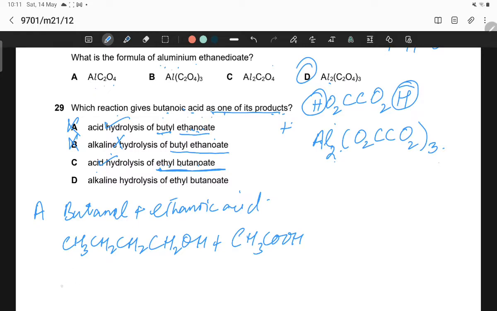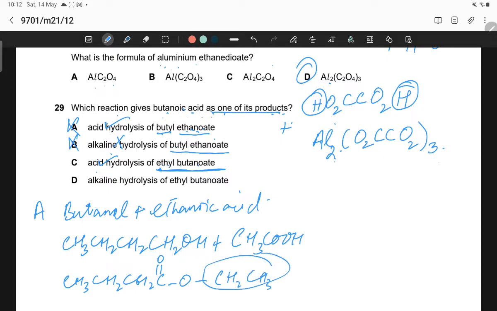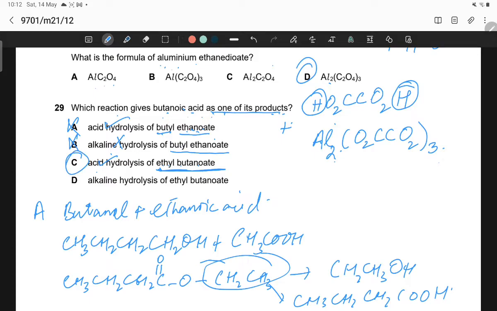Ethyl butanoate is CH3 CH2 CH2 C double bond O and O CH2 CH3. So this could give the alcohol, CH3CH2OH, and because acid hydrolysis is there, the other product is butanoic acid, CH3 CH2 CH2 COOH. So this is the correct option.